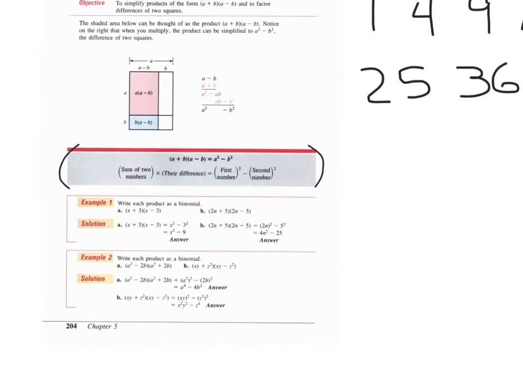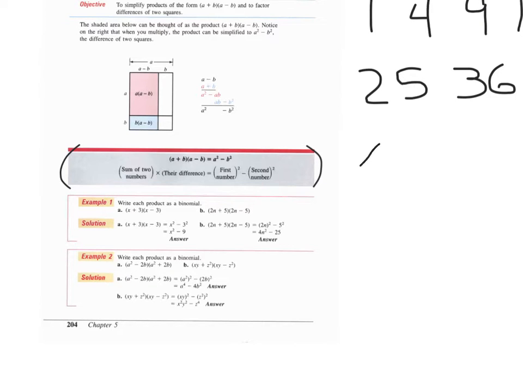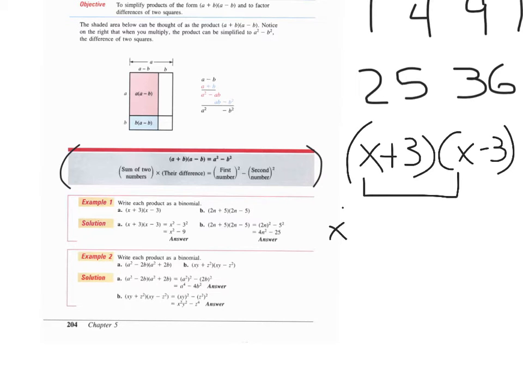So for example, the first example, it's asking you to multiply x plus 3 and x minus 3. Watch what happens when I apply FOIL to these. When I do first, I get x squared. When I apply the outer, I get negative 3x.